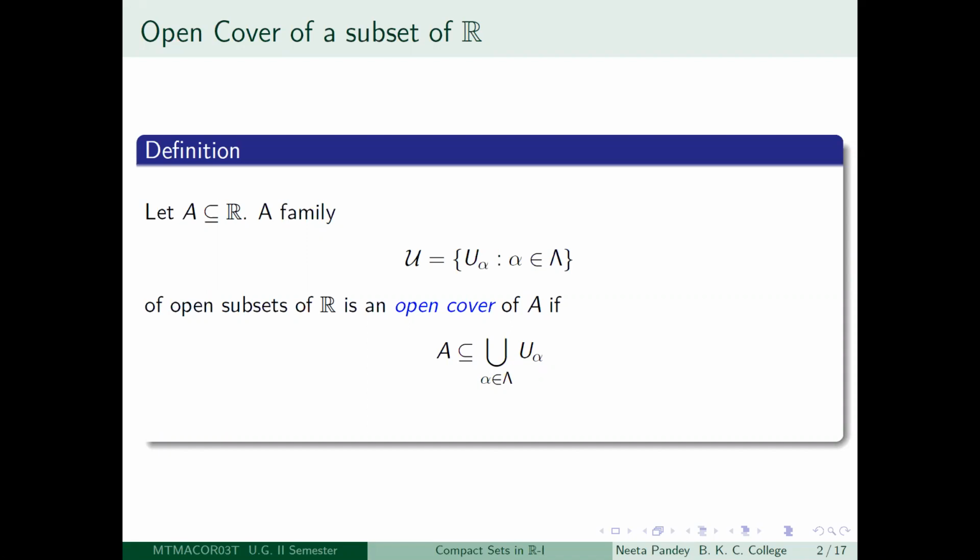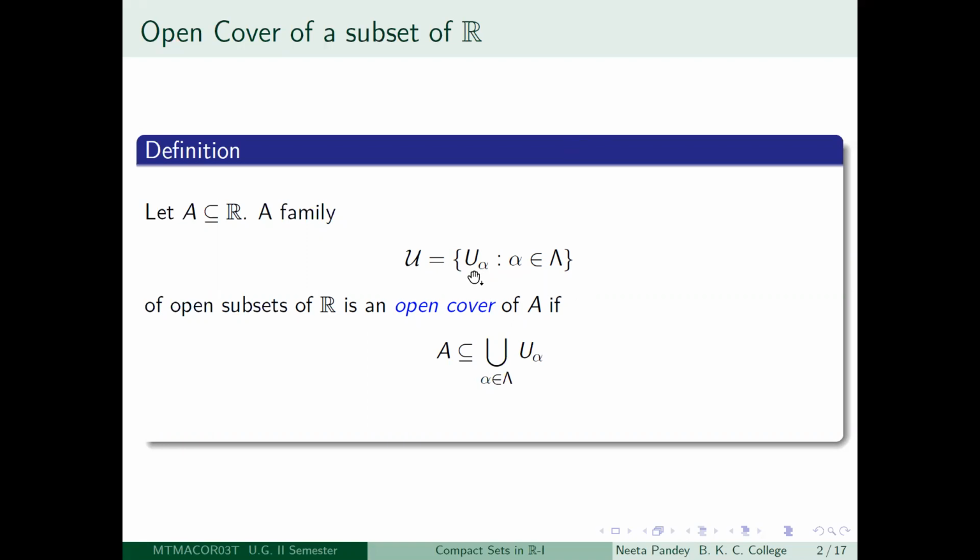Suppose A is any given subset of R. And suppose that you are given a family of subsets of R, U alpha, where alpha belongs to lambda. So lambda is the index set, and for each alpha in lambda, you have an open subset of the real line U alpha, and you're looking at this collection.